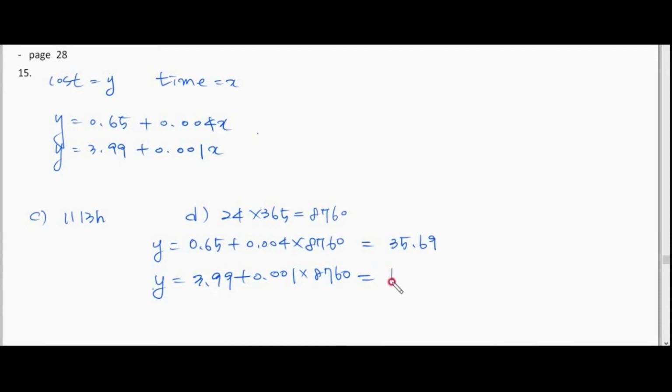The first one equals 35.69, and the second one is 12.75. Because it asks for the difference, it will be 35.69 minus 12.75, and that equals 22.94.